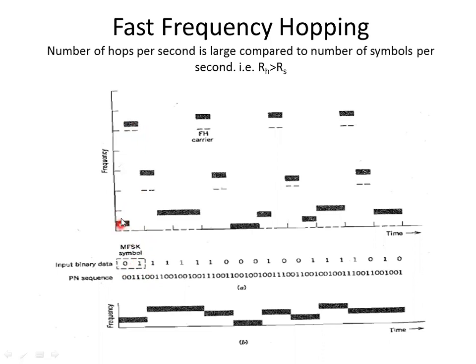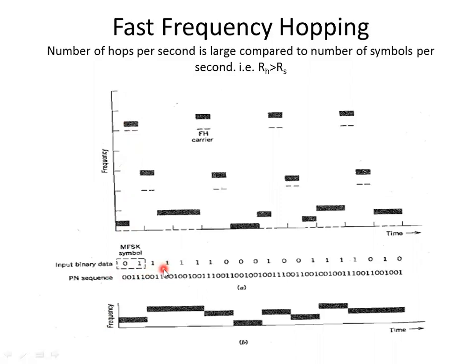And where to place this? Again, this is divided into 4: 0, 0, 0, 1, 1, 0, 1, 1. So among the 4, the second one will be occupied because it is 0, 1. Similarly, in the third and fourth hops, we are trying to transmit symbol 1, 1. Symbol 1, 1 corresponds to the fourth subcarrier, correct?